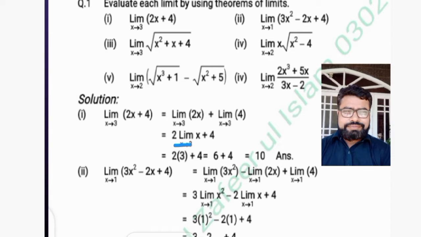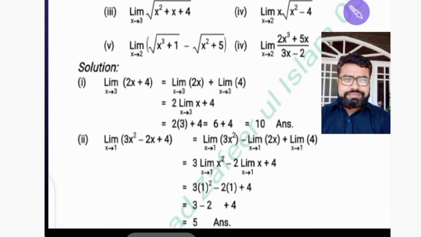As the limit means the value of x is 3, so we will put x is equal to 3 here. As there is 2, so we will write 2. There is plus 4, so we will write plus 4. Now 2 threes are 6, 6 plus 4 is equal to 10.